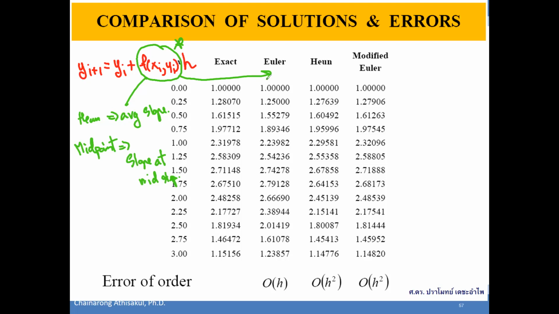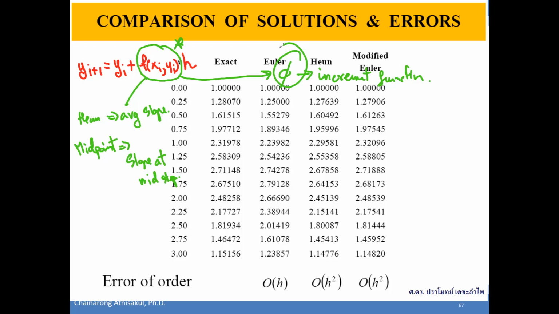Therefore, for the next method, the Runge-Kutta method, we will define this as the function phi, that is the increment function. We will use the same technique but with a little adjustment.